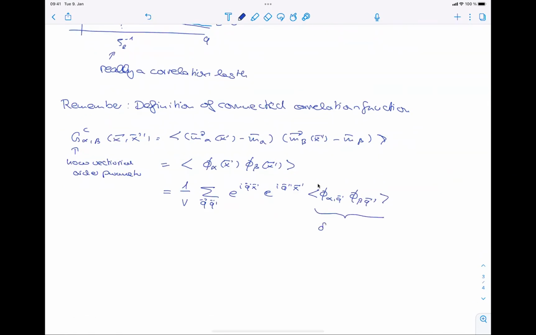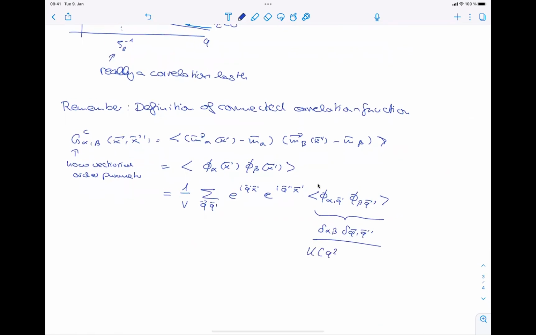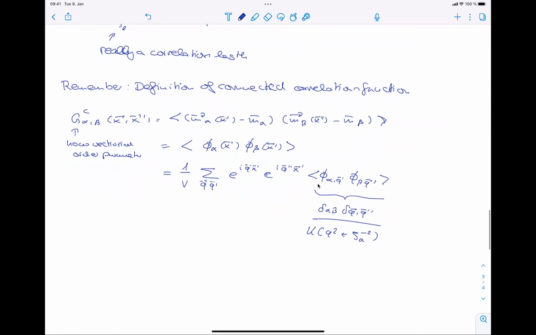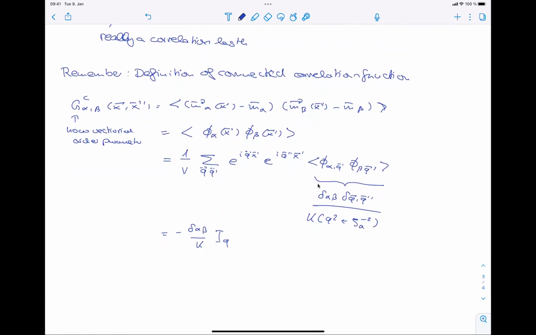And this we knew is just delta alpha beta delta Q prime over K Q squared plus Xi to the minus 2. And so that's then just minus delta alpha beta over K. And I'm defining this as the d-dimensional function that now depends only on the spatial difference, which you see popping up here, right?